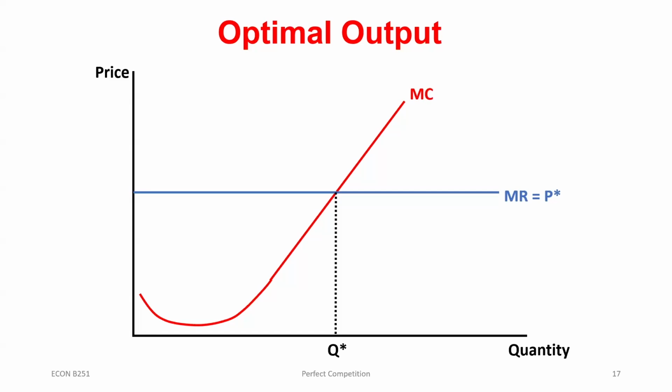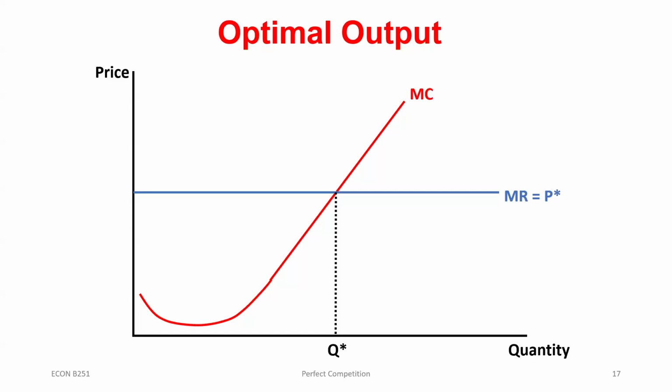When I'm drawing these graphs side by side, they look kind of similar because quantity is down here on the x-axis, but here we're thinking about the market. When I've got a market and it's currently in equilibrium, this is going to represent my market price. So let's say it starts out here. Well, if I'm in a perfectly competitive market, I have to take that price as given.